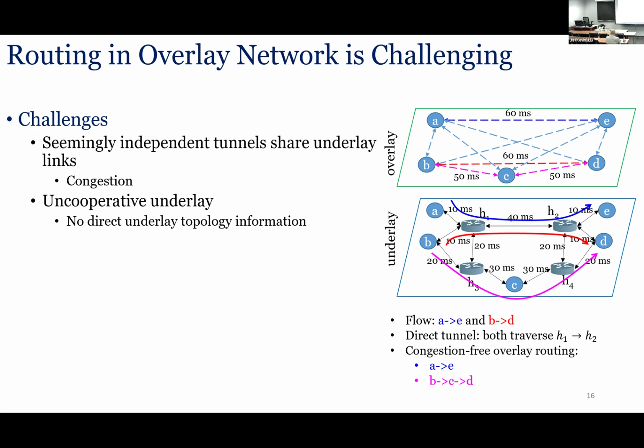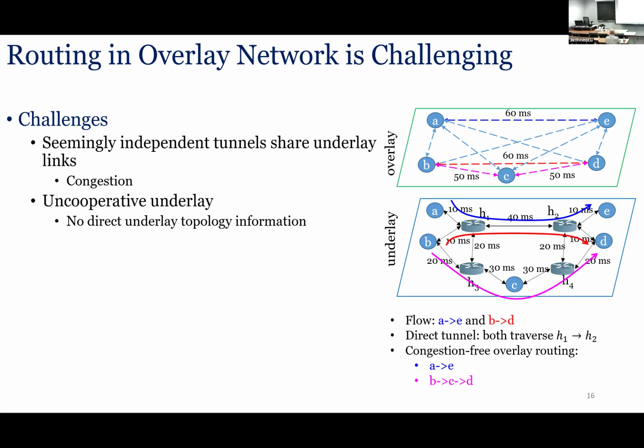Why? Because these seemingly independent overlay links, which are actually something like IPsec tunnels, are implemented by multi-hop paths through the underlying communication network, such as an ISP network. And these seemingly independent tunnels can actually share links within the underlay that's agnostic to the overlay provider. And that can cause problems.